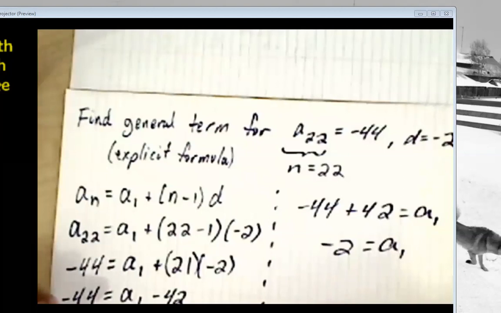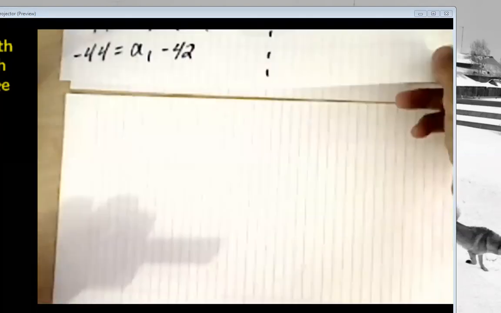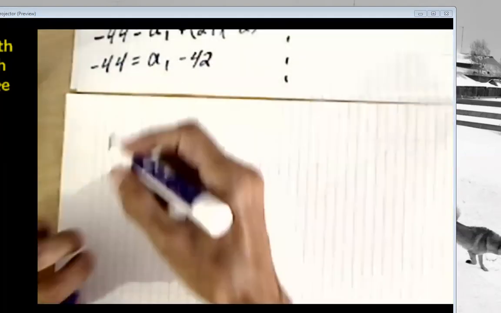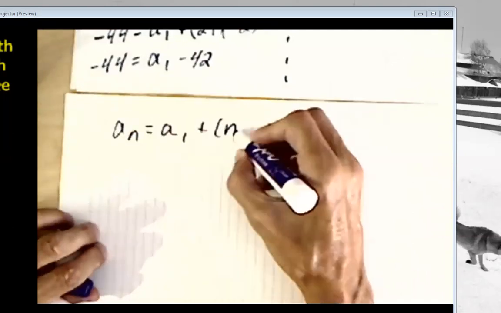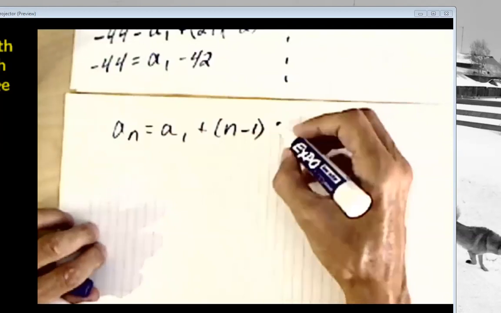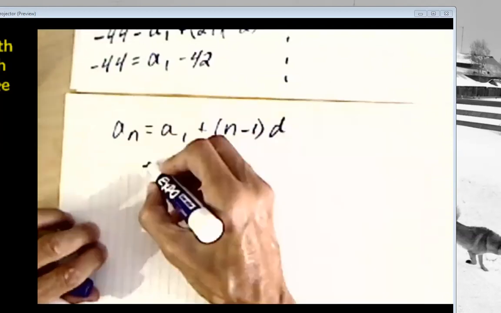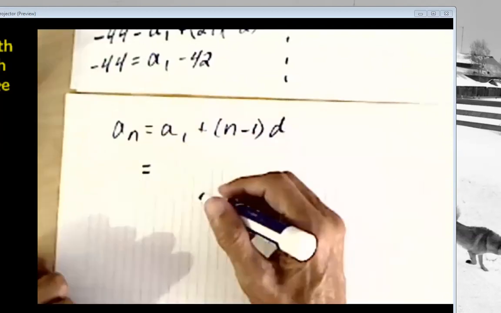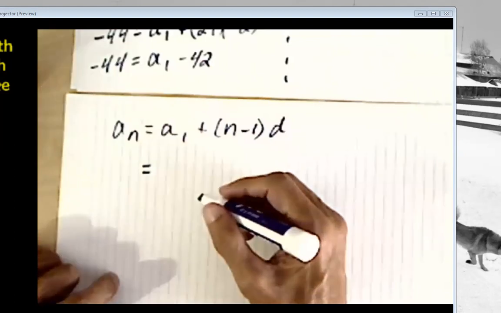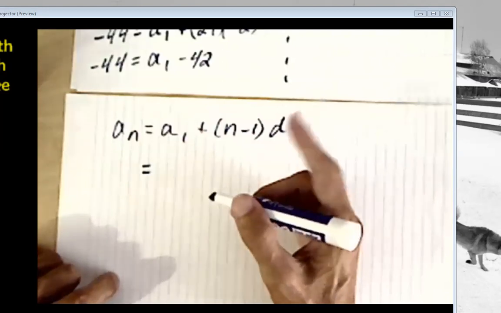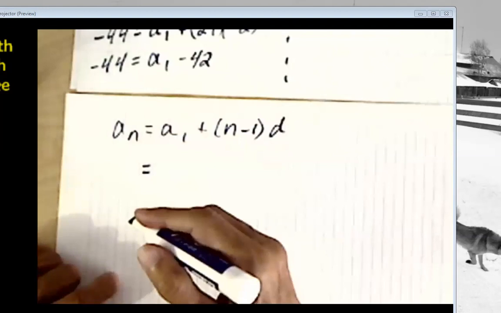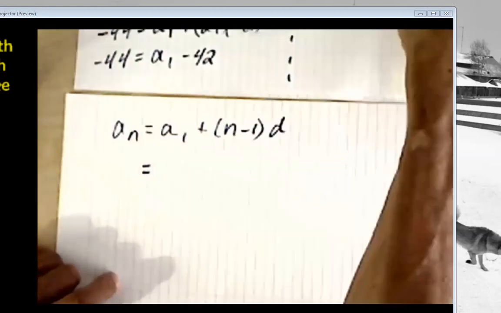To get the general formula then, we got a bunch of good stuff we can put in here now. What do we put in for N? Ah, that was tricking you. We used 22 earlier, and 22 is related to 44.